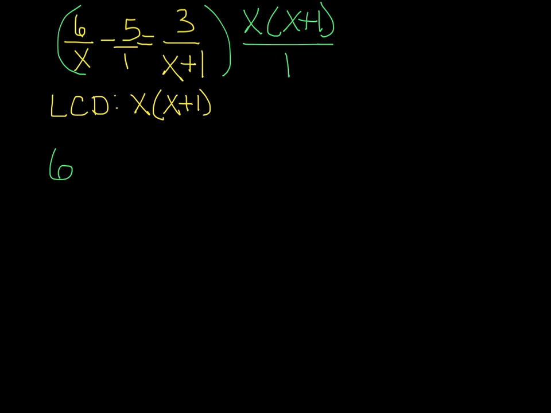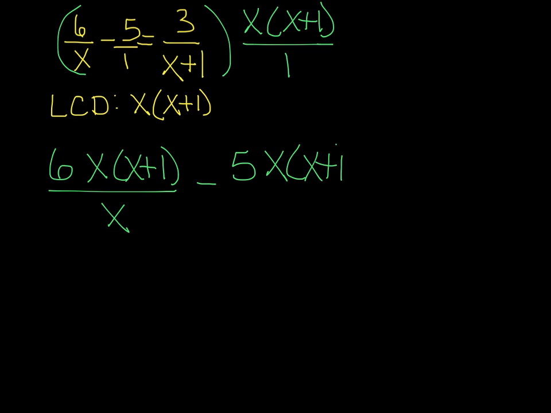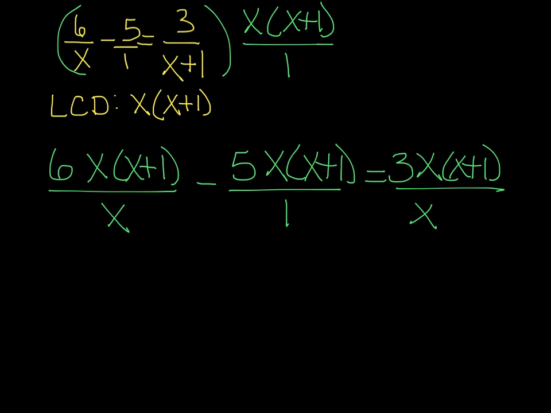So I have 6 times x plus 1 all over x minus 5 times x plus 1 all over 1 equals 3 times x plus 1 all over x plus 1. And then I can cancel things out.